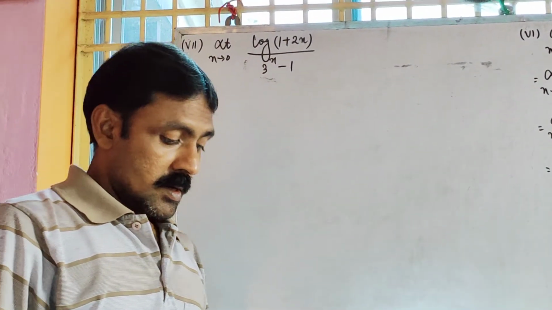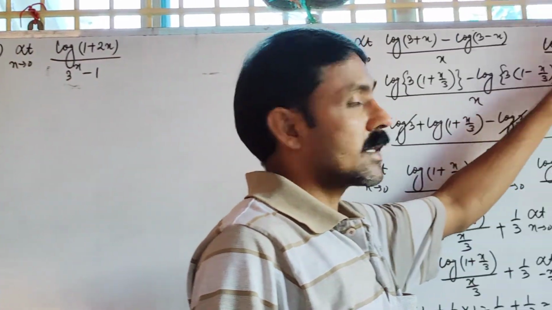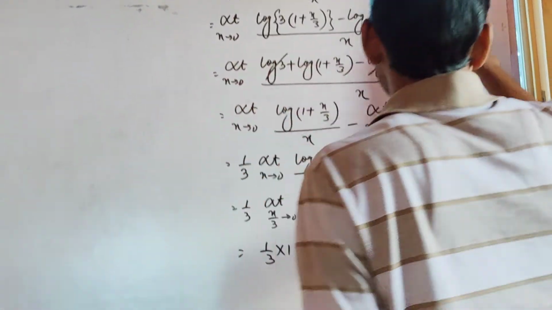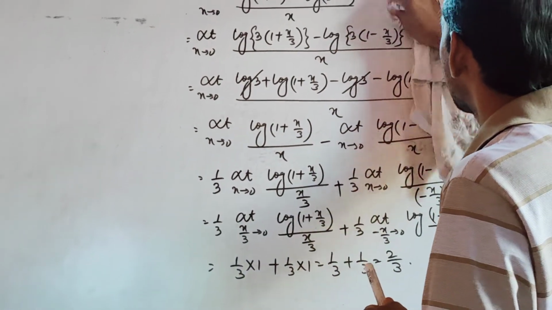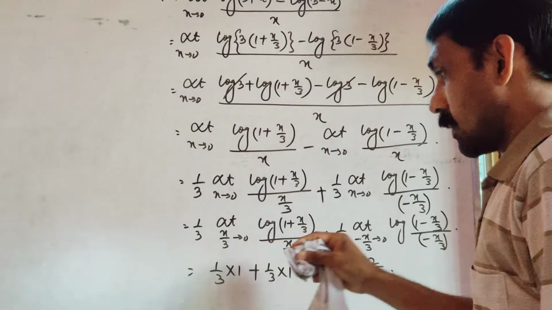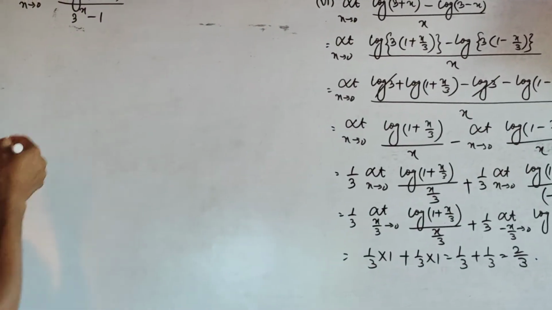Okay. Now here when it is log 1 plus x, then here denominator is x. This one. Okay. So when it is 2x, here we have to bring 2x.